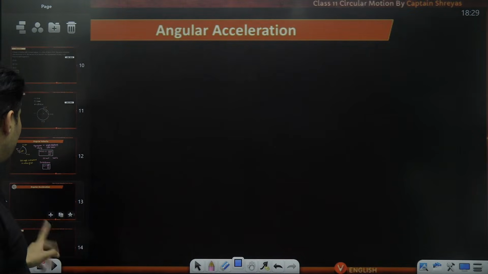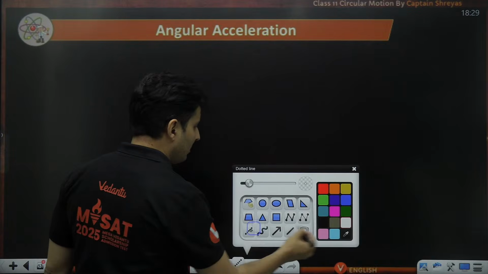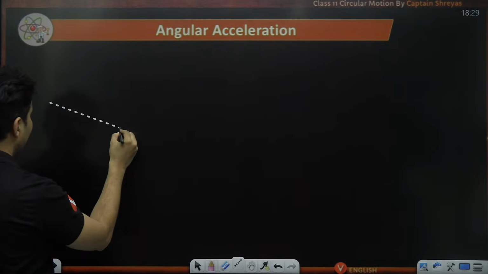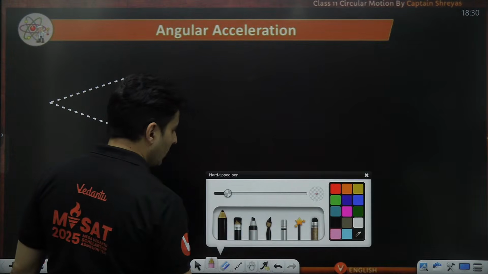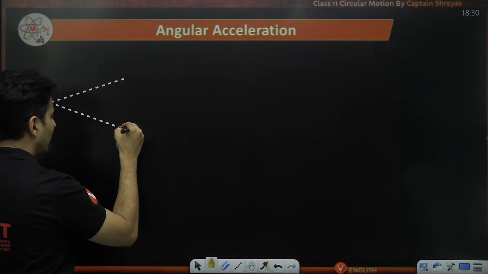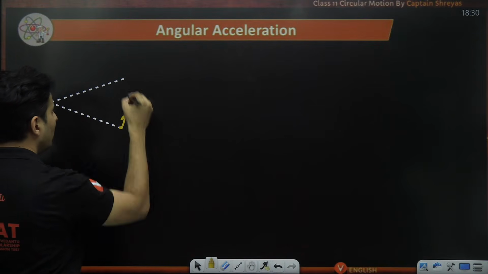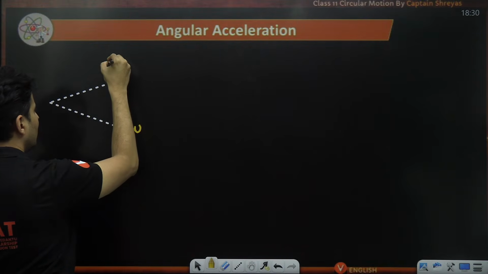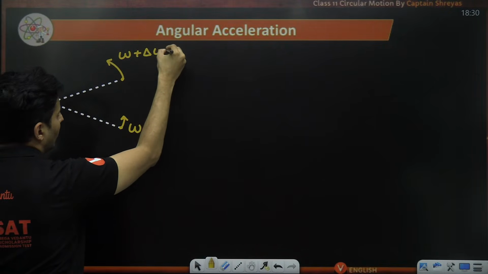All right. Having said that, what is angular acceleration then? Say, for example, again, I am here and then I go over here. In this duration, at this particular point, I have some angular velocity, let's say omega. By the time I reach here, my angular velocity changes by delta omega.